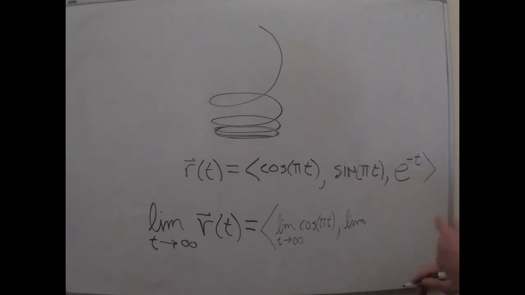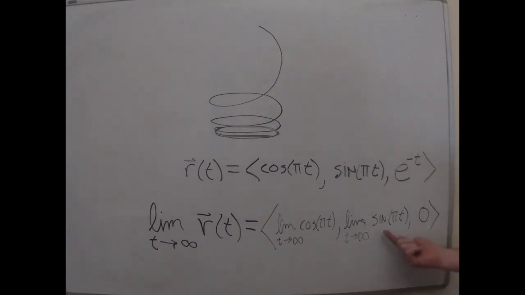Actually, I'm running out of space, but it's okay because we know what the limit of e to the minus t as t goes to infinity is. That's 0. The question, though, is about these other things.